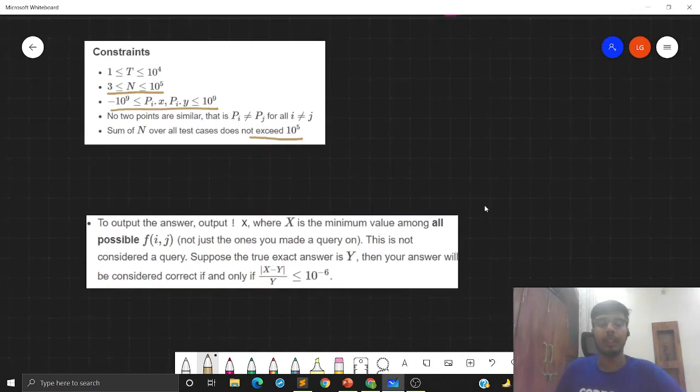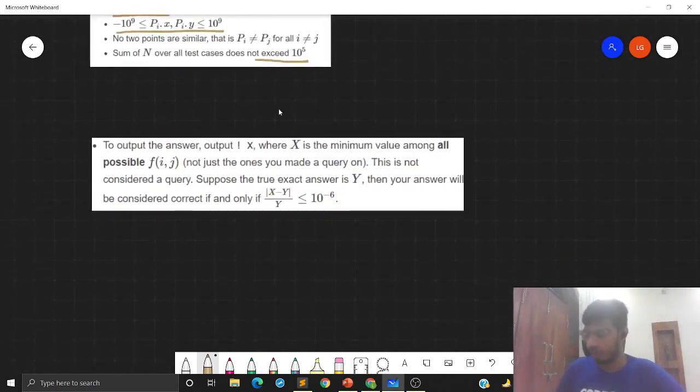In the interaction section of this problem, we are given that we can output our final answer in this format, where x is the minimum value among all possible f(i, j), the minimum square of the Euclidean distance. Note that some relative error is acceptable.